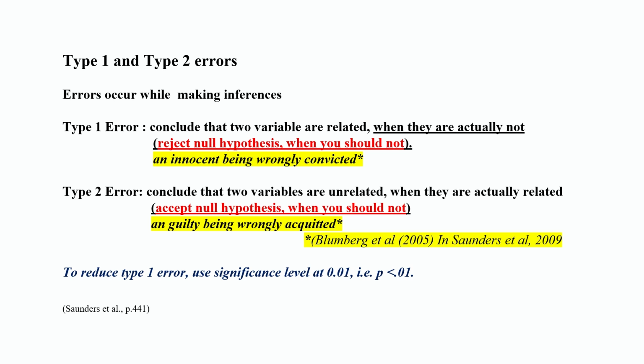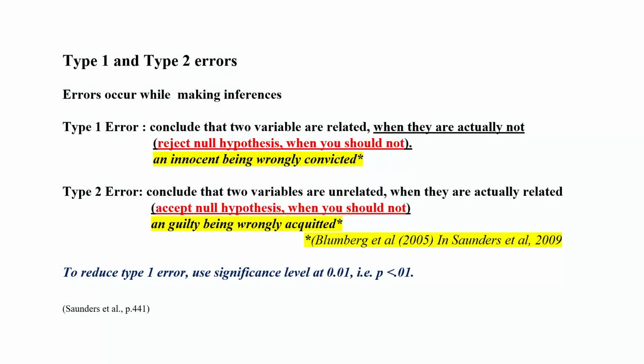Type 2 error refers to accepting the null hypothesis even though it is wrong. So what is the example given here? The example is that a guilty fellow, a person who is a convict, is set free. To see this, we use a particular term, the probability value, that is the p-value.